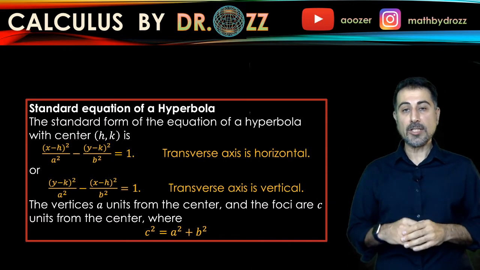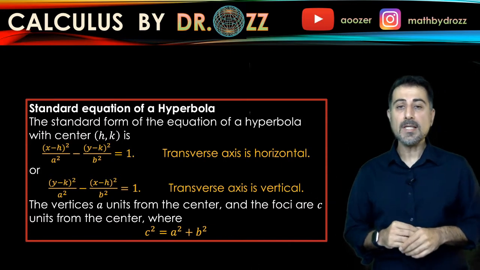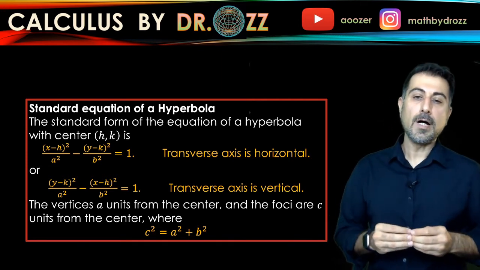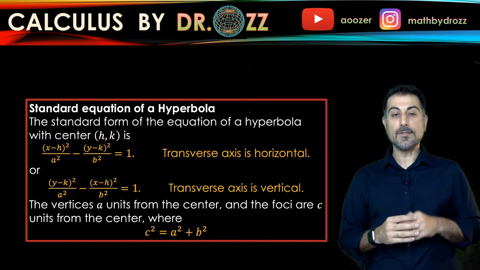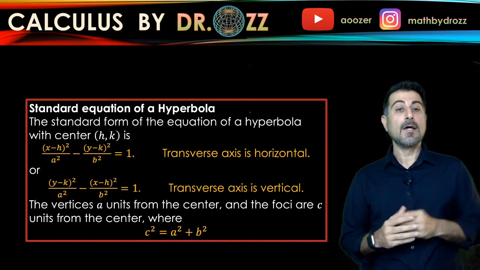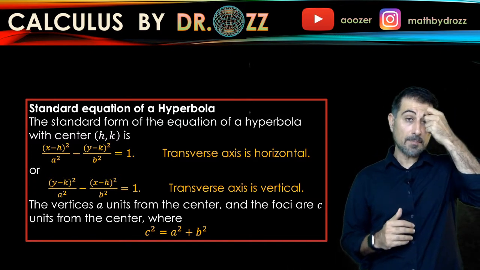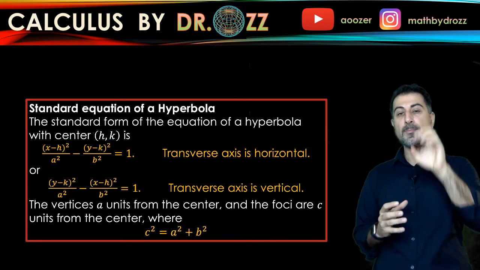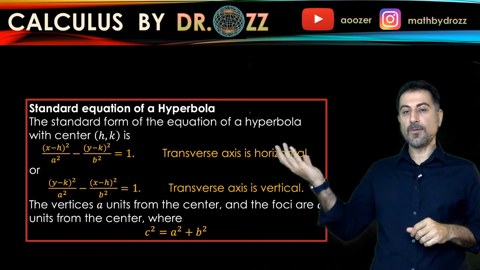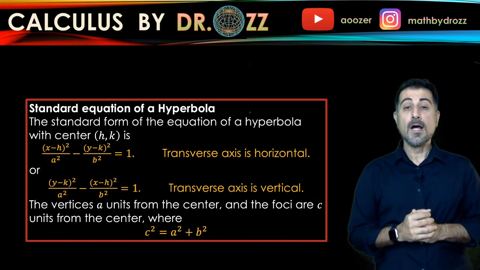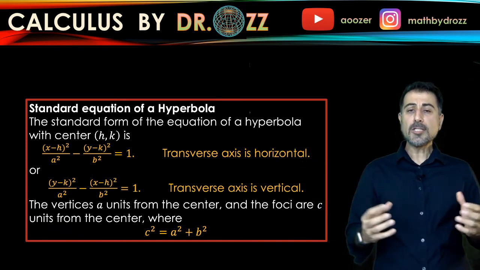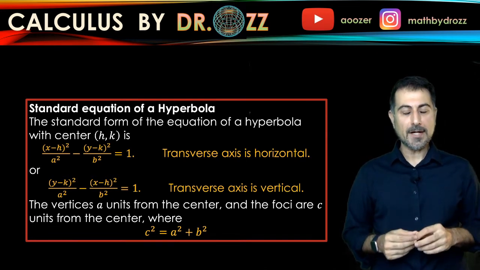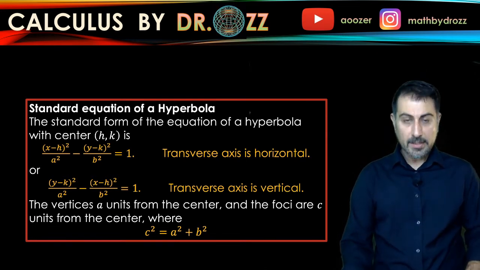So you need h and k as well as a and b. a is the distance from the vertices to the center. And you have something called c, which is the distance between each focus and the center. But c doesn't necessarily show up in the standard equations. There's a relationship between c, a, and b, and that's c squared equals a squared plus b squared.